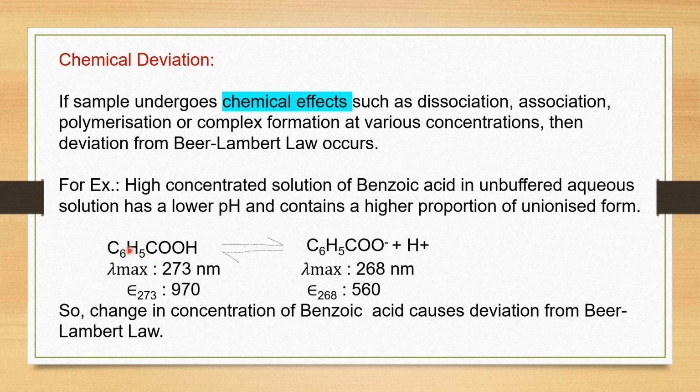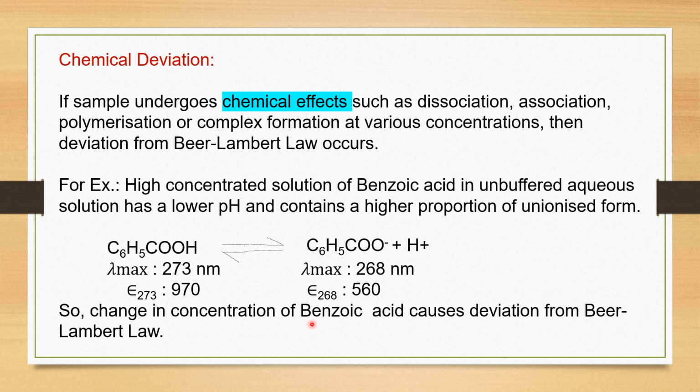These unionized and ionized forms have different absorption characteristics. We can see here lambda max for benzoic acid. Unionized form is 273 nanometers and whose molar absorptivity is 970. For ionized form, lambda max is 268 nanometers and molar absorptivity is 560.